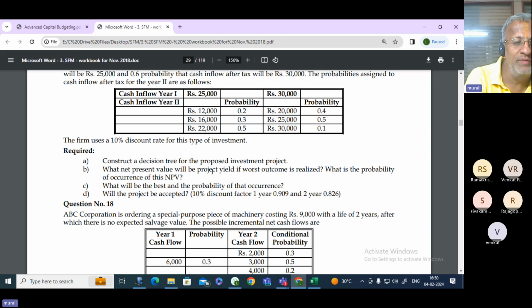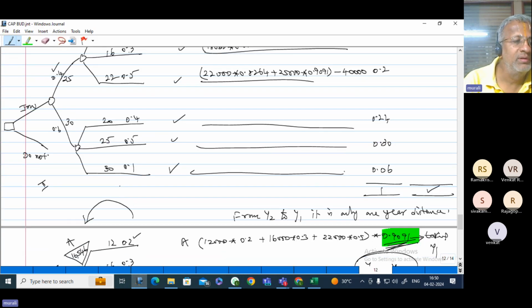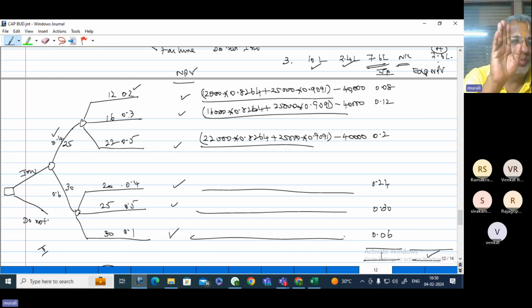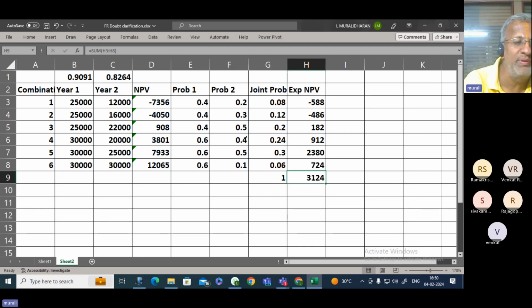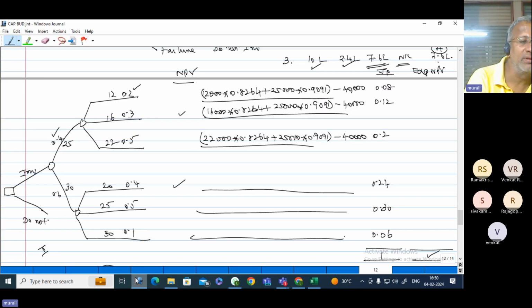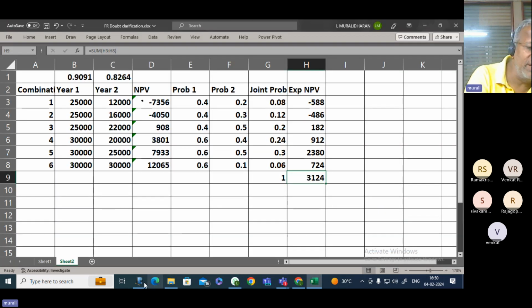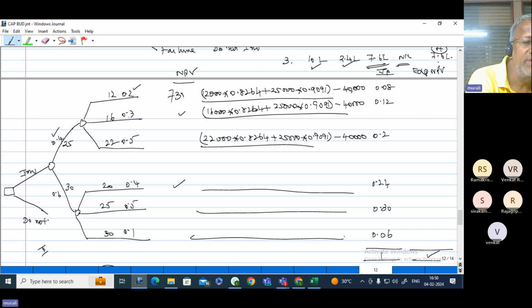What net present value will the project yield if the worst outcome is realized? What is the probability of occurrence of this NPV? For this question, the first one is the only method that you got to follow. Which one is giving you the worst NPV? The worst NPV had just come in the first case. The first combination, that NPV is negative 7356.